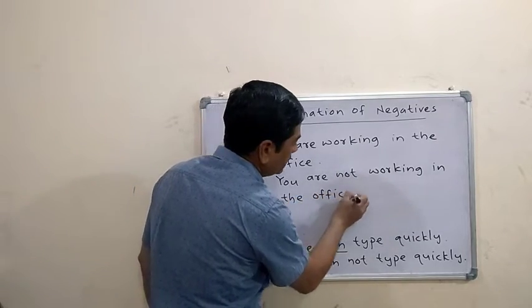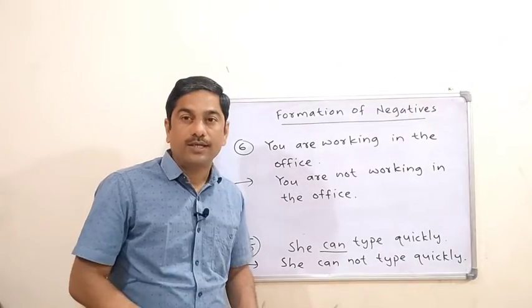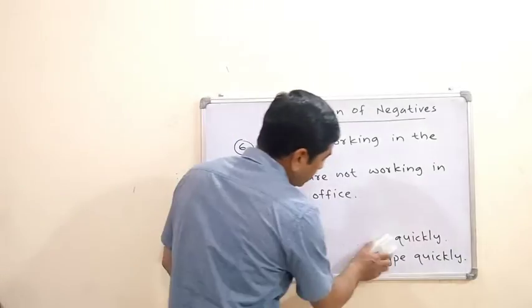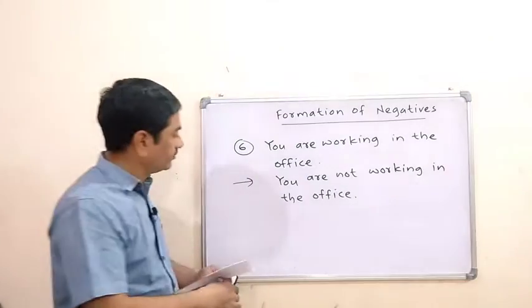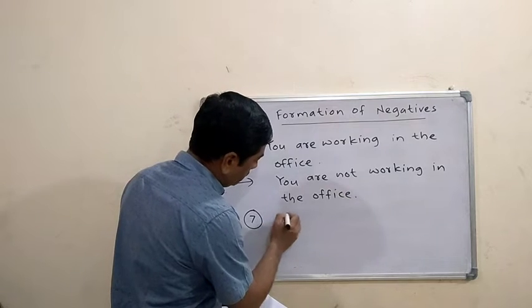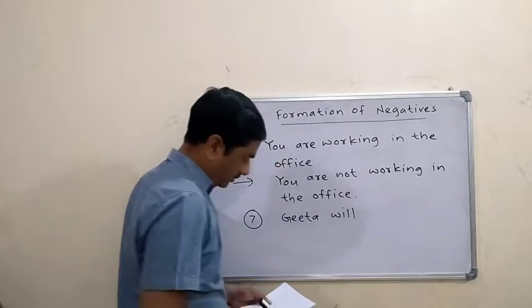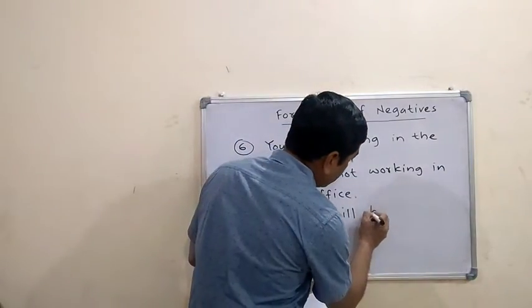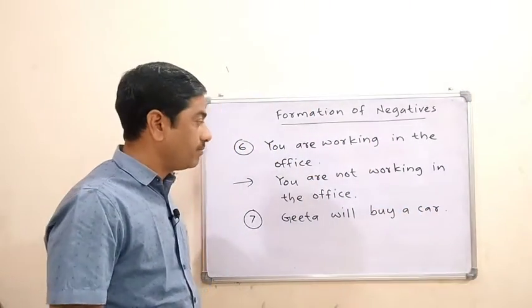So in all these sentences, see, there is an auxiliary verb. We will take another sentence in which there is an auxiliary verb as will. Geeta will buy a car.